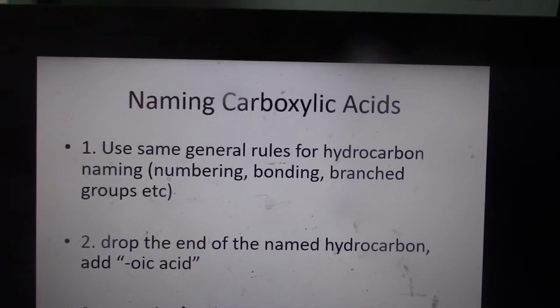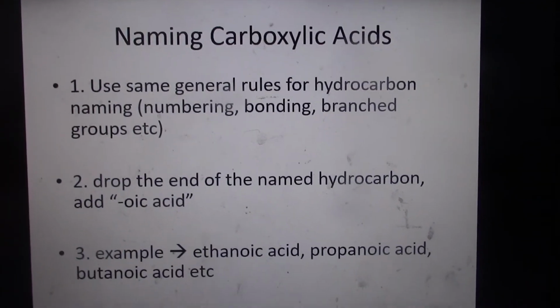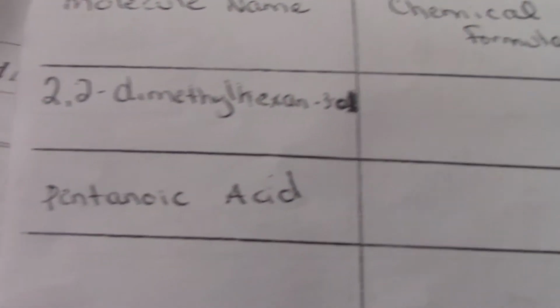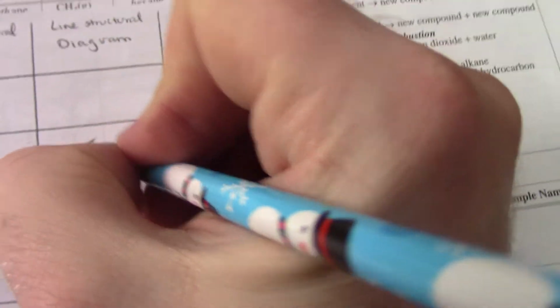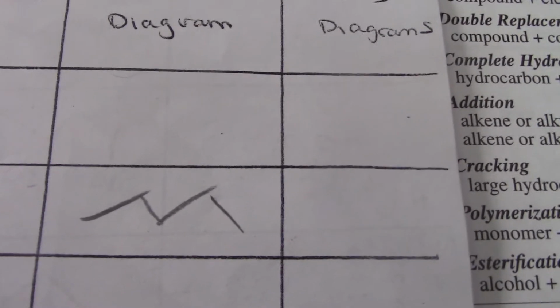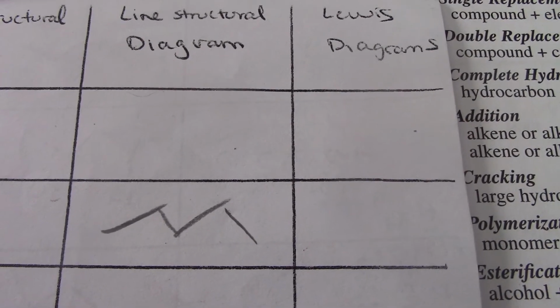Okay, so same general rules for hydrocarbon naming. So let's give you a few examples here. So pentanoic acid. Okay, so pentanoic acid looks like this. So I'm going to draw the line structural diagram right on the sheet here. So pentanoic acid, I'm going to draw 1, 2, 3, 4, 5. Okay. So 5 carbons, oic acid.